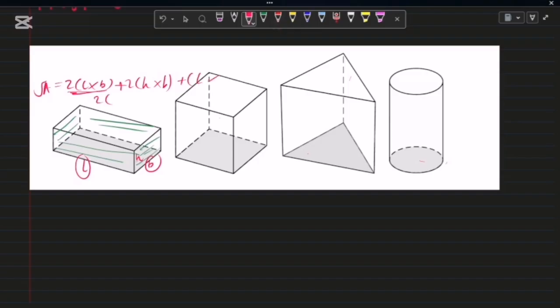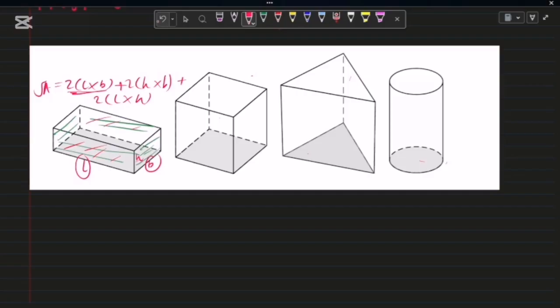Okay, so it will be length times height in that case, and then that will basically give us the area of this guy and that guy. Okay, now this is basically the total surface area of this rectangular prism.